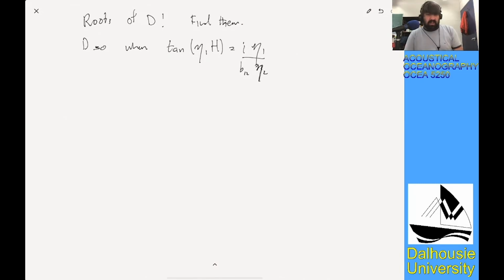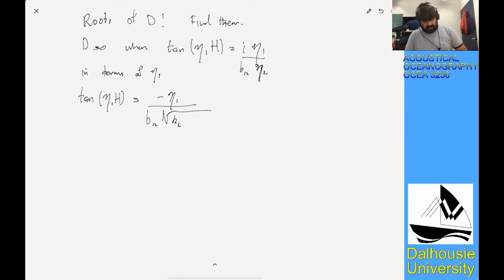So we can write the whole thing in terms of eta 1. We get tan eta 1 h equals minus eta 1 over the density ratio, and now we're going to have k1 squared minus k2 squared minus eta 1 squared.